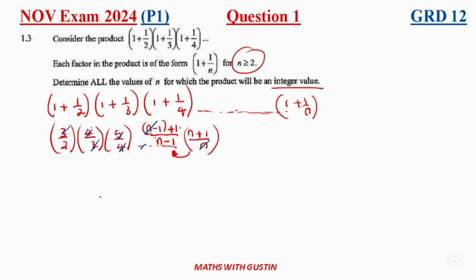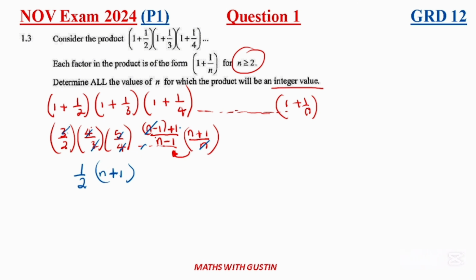So can you see, guys, what you are left with here? In the numbers, you're going to be left with 1 over 2. And in terms of n, you are only going to be left with n plus 1. Okay, so after cancelling out, you are going to be left with n plus 1.